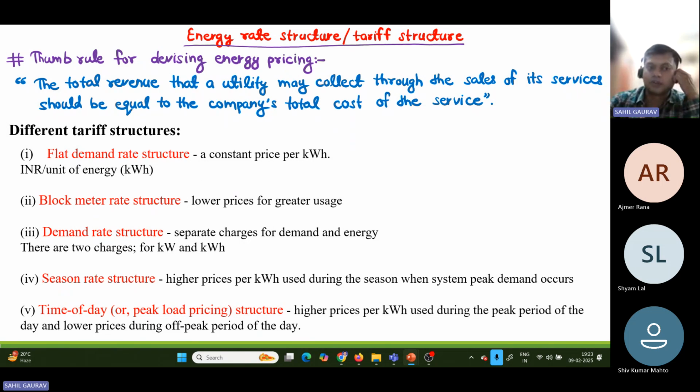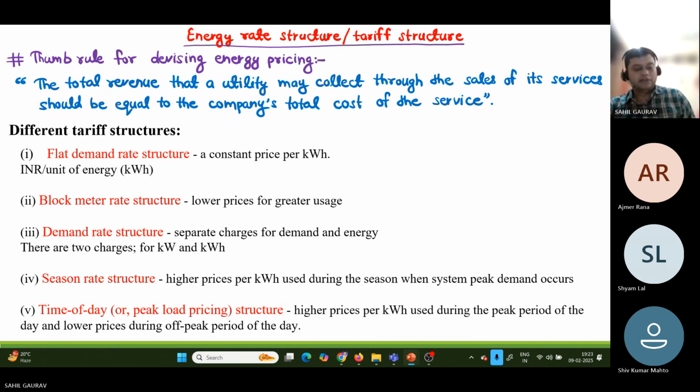And the second one is the block meter rate structure. In the block meter rate structure, as you increase the energy consumption, the price will change. We will see one problem based on this structure, where we will understand clearly how it functions. Suppose you are using 5 kilowatt hour.